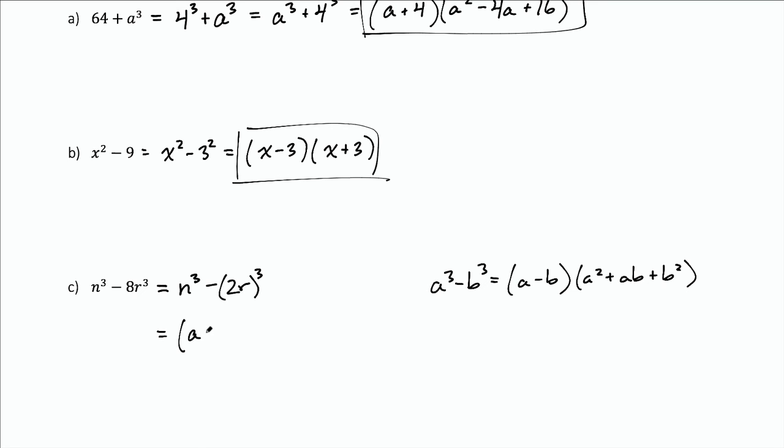So we've got n minus 2r times n squared, and then plus ab, so that's n times 2r, so plus 2rn, and then plus b squared, so 2r squared, which is 4r squared. And there is our factored form for that expression.